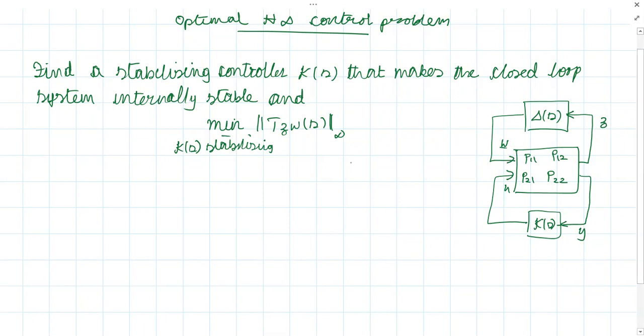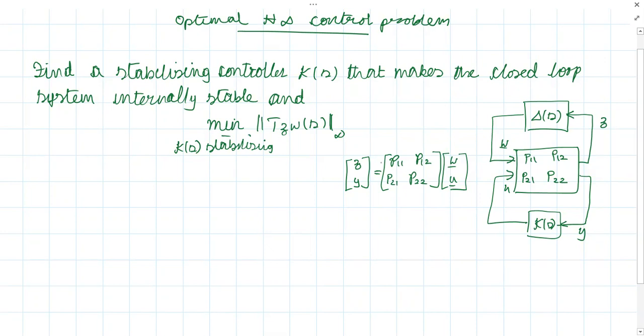And what was the expression in the matrix form? Z and Y were the two outputs. So we had P11, P12, P21, P22 times W and U, the exogenous input and the control input. So what was this T Z W, the transfer function between Z and W?